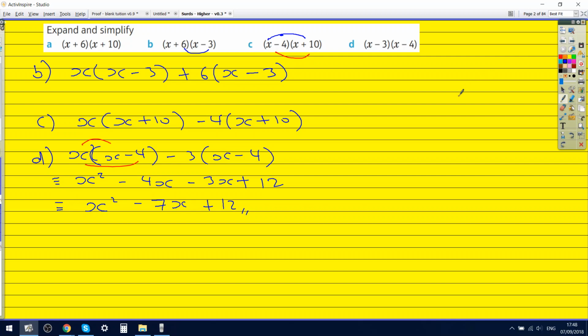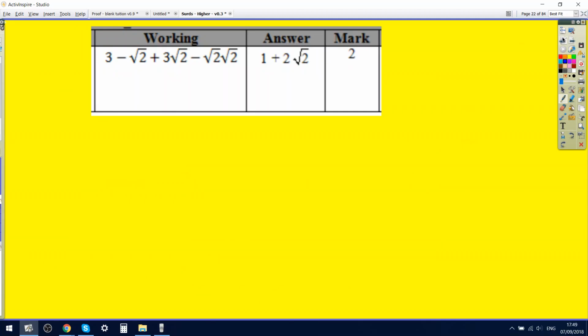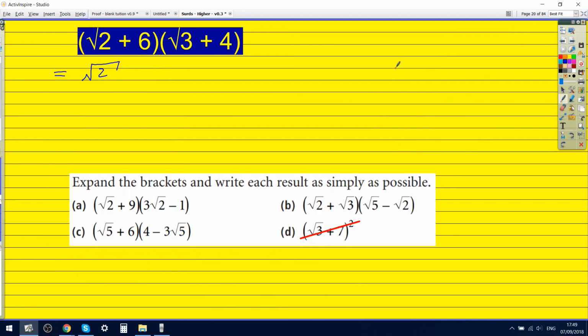How did we do these double brackets? What's the first step? Oh, you multiply them by each other. Yeah, so first times second bracket, second times second bracket. Just like with the single brackets. First times second bracket, second times second bracket. Okay, so root 2 times what? Four.